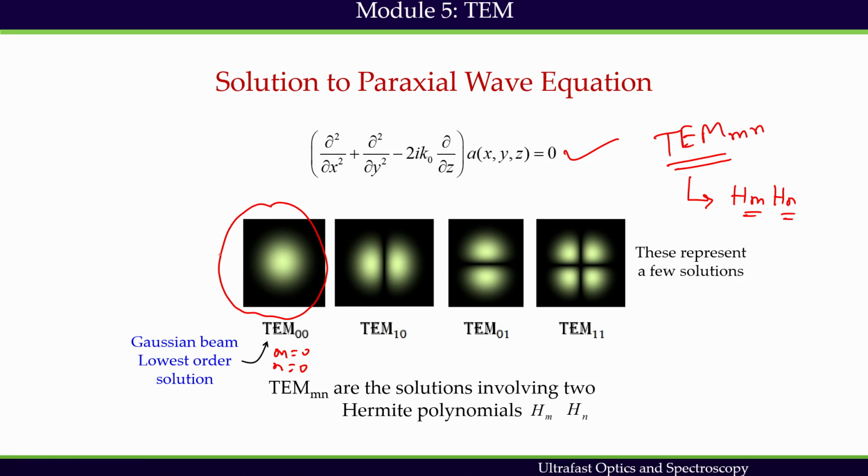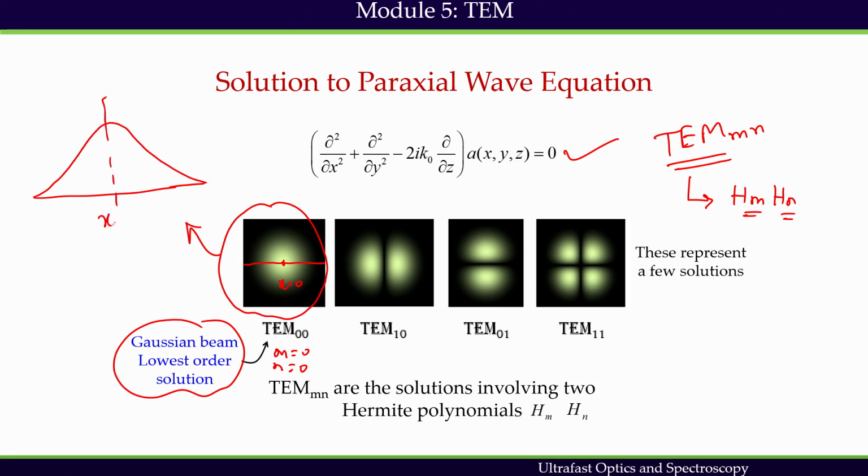This lowest order solution represents a Gaussian beam, which means that if I take a cross section this way, make it the center x equals 0, and if I plot the intensity variation as a function of x, then I get a Gaussian function.